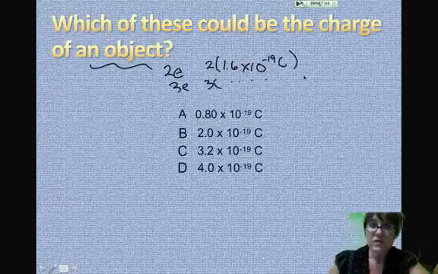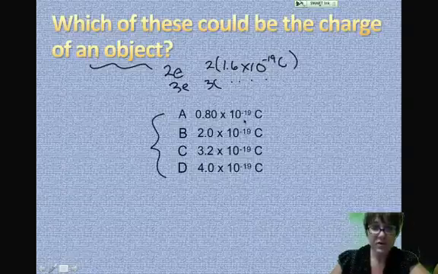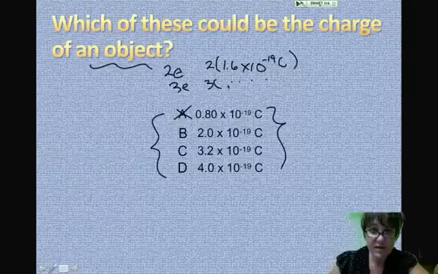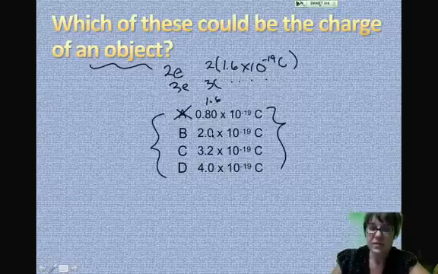So which of these in our list could actually be the charge of an object? Well, we know it can't be A because that's half of an electron, and that doesn't exist, right? 0.8 is half of 1.6, so that can't be. And then 2.0, that's not a multiple of 1.6.